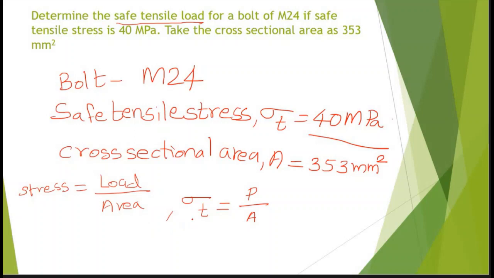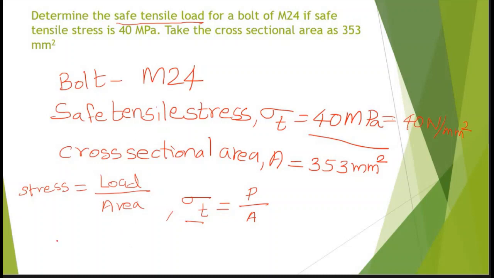Using this equation, here we have sigma T as a known value, 40 megapascal, or the megapascal is equal to 40 Newton per mm square. Sigma T is equal to P by A. So what will be the safe load? How will we calculate the safe tensile load?